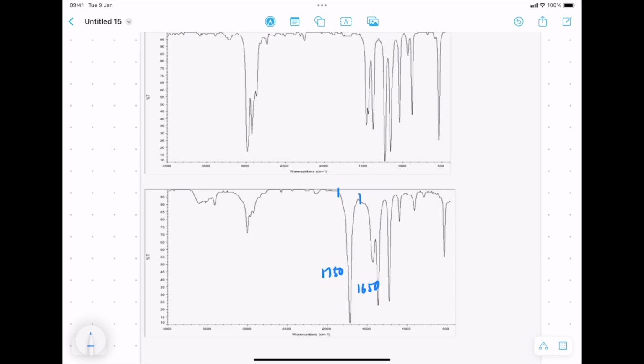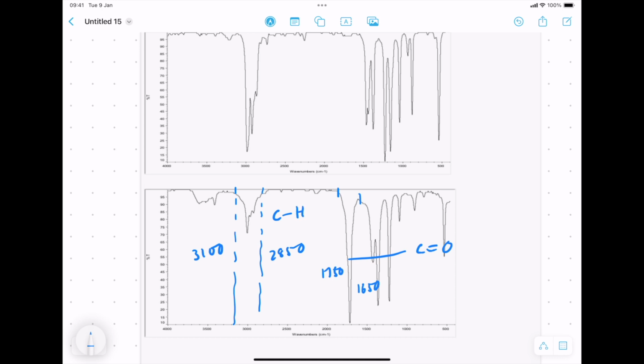That means it has to be the C double bond O. And then we've got sort of a murmur there, around 2850 to 3100, and it's not a very long extended peak. It's quite short. If you look at the data table, around 2850 to 3100 is indicative of a CH bond.